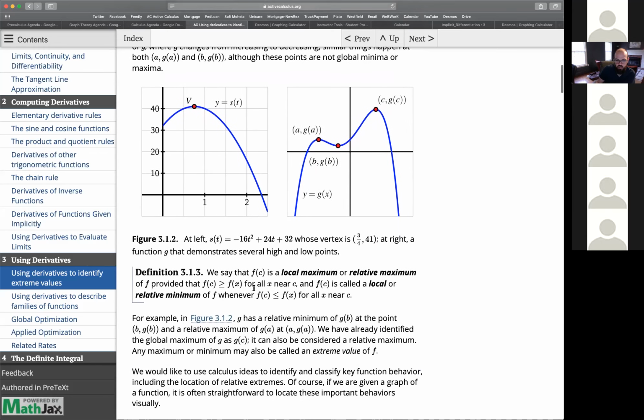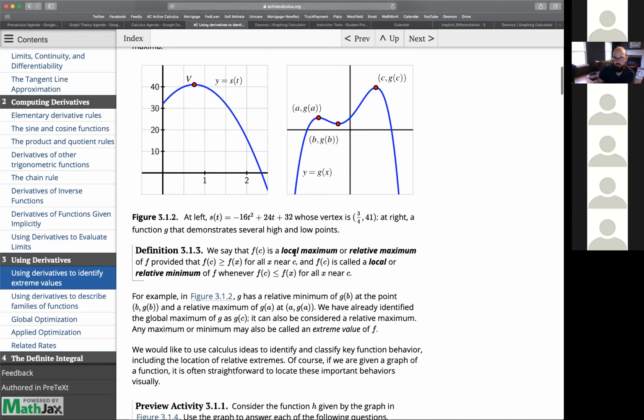And then we have this idea of what's called a relative or local max and min, right? So I like to give a story about local and global maxes and mins that I think at least it helps me. Okay, so being a local maximum means you are better than everything else that is close to you. So you can be a local maximum on a lot of different venues.